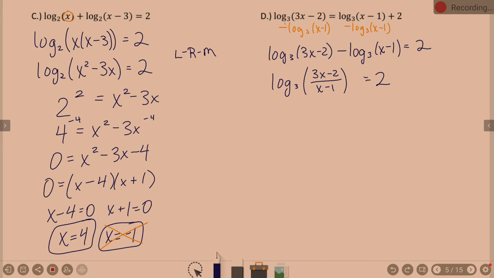I have a log equal to a constant, so we're going to do a left, right, middle. The left base of 3 raised to the right value of 2 equals the middle of 3x minus 2 over x minus 1.